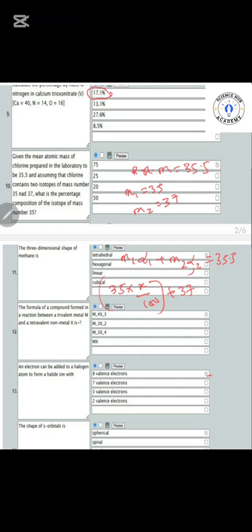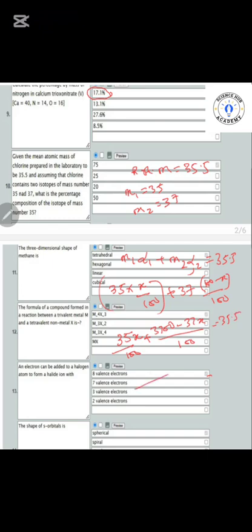Our α2 would therefore become, since the percentage of α1 is X, so the percentage of α2 will definitely be 100 minus X over 100. So in all, this is going to give us 35X over 100, then plus this will give us 3700 minus 37X over 100, everything equals 35.5.